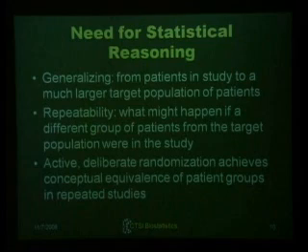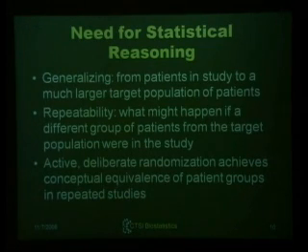Repeatability. This is, of course, a great principle of science that whatever experiments you do, you should describe them properly, and somebody else should be able to replicate them, right? So we might want to think about what would happen if someone else also did this kind of study. Okay, again, 36 patients in each of the two arms, and what would that look like? Active, deliberate randomization achieves conceptual equivalence of patient groups in repeated studies. Think about that.